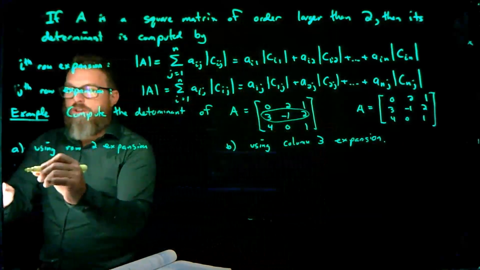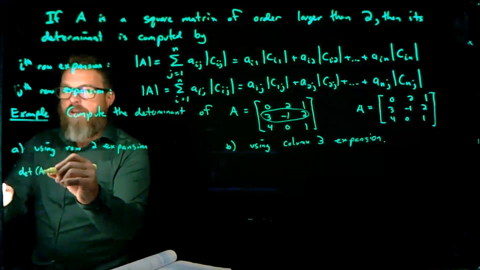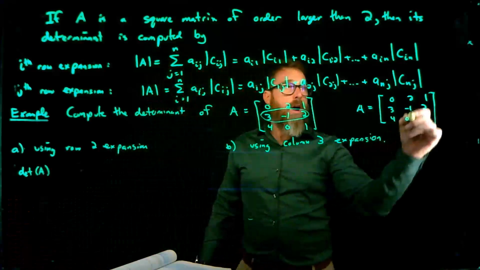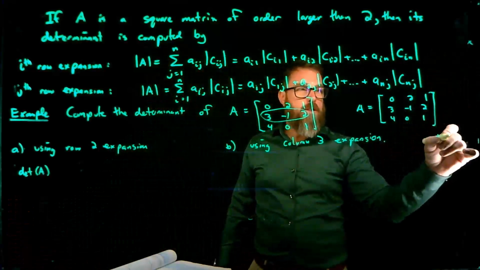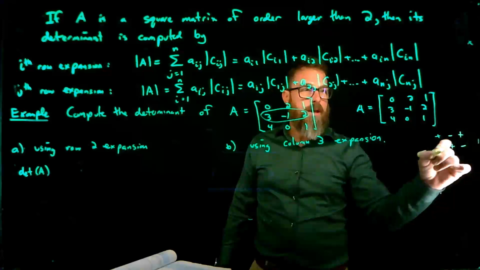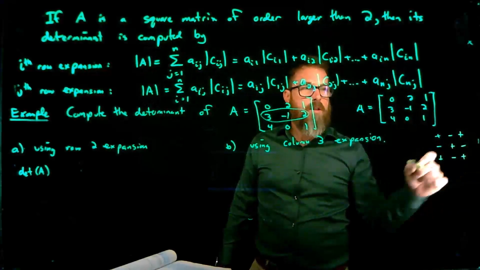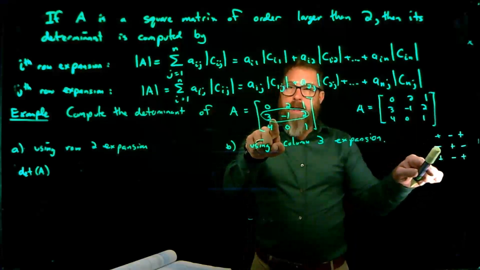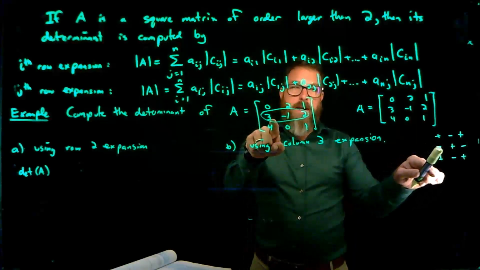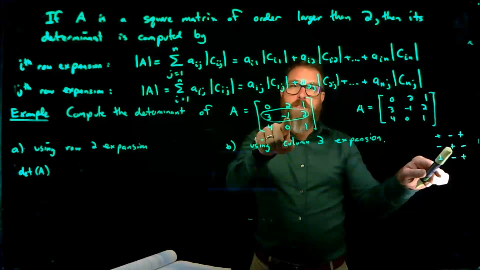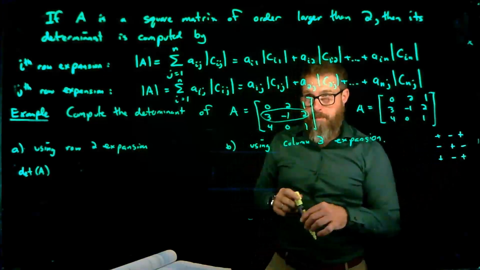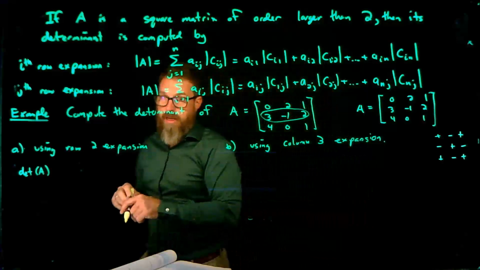So I know the determinant of A, remember that the way the signs go, it goes plus, minus, plus, minus, plus, minus, plus, minus, plus. So in this case, this is going to be minus the determinant of its minor, and this is going to be plus the determinant of its minor, and then minus the determinant of its minor because of that negative 1 to the i plus j.